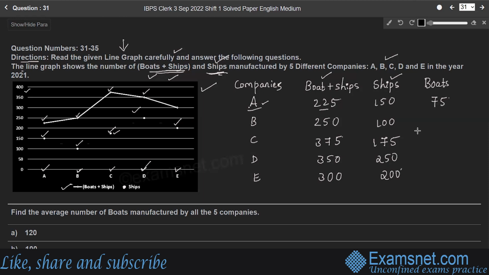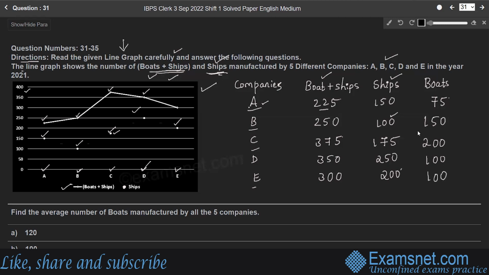The number of boats manufactured by B is 250 minus 100, which is 150. C manufactures 375 minus 175, which is 200 boats. D manufactures 350 minus 250, 100 boats. Whereas E manufactures 300 minus 200, so 100 boats.